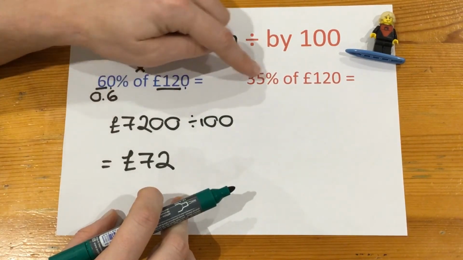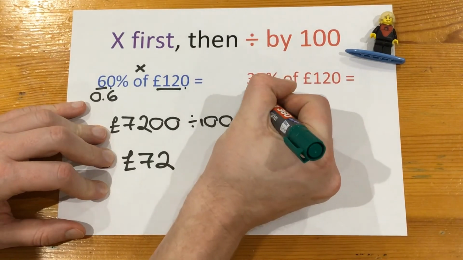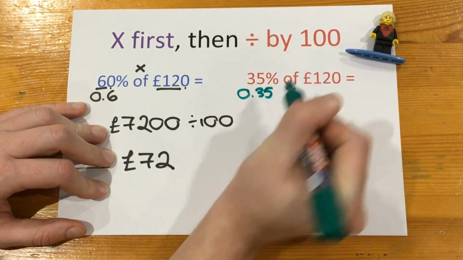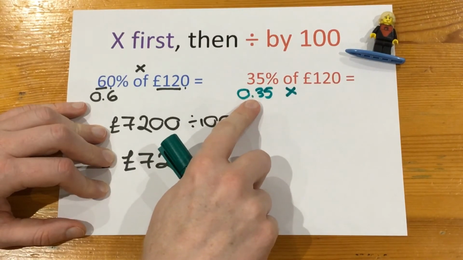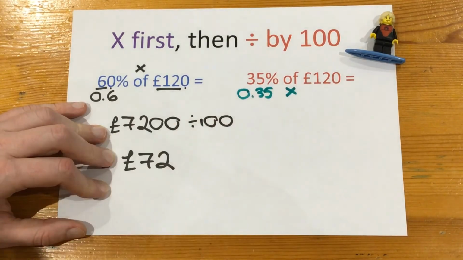But I'm going to do one more. 35% of £120. 35% as a decimal is 0.35. And of is the same as saying multiplying. So we're basically going to multiply 35 by 120 and then make it 100 times smaller.